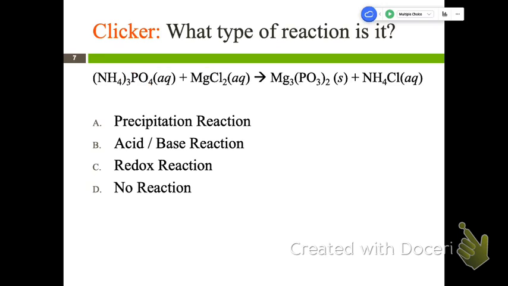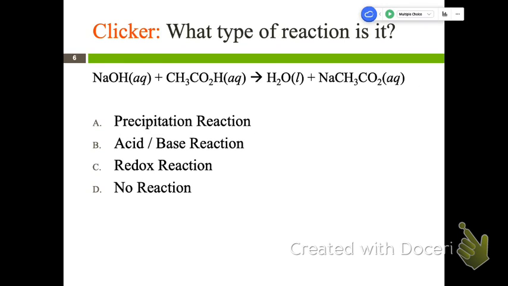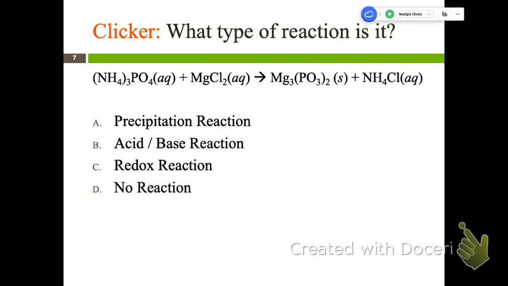Okay, let's go to the next one. Oh, wait, last thing. No, we're good. So let's go ahead and categorize this one.